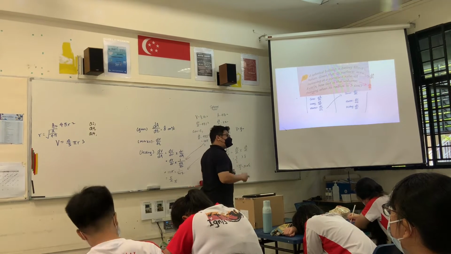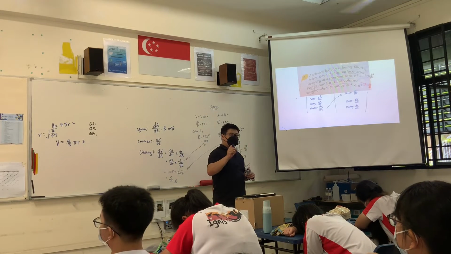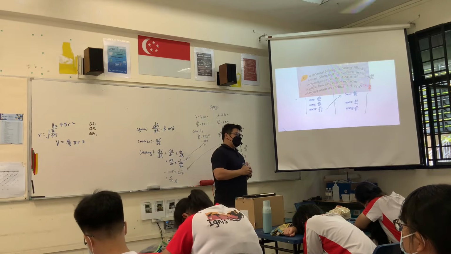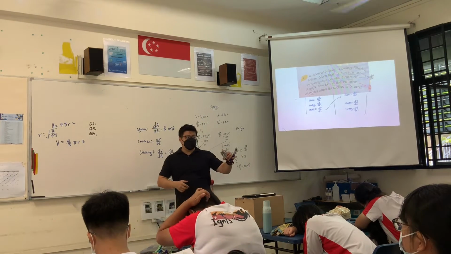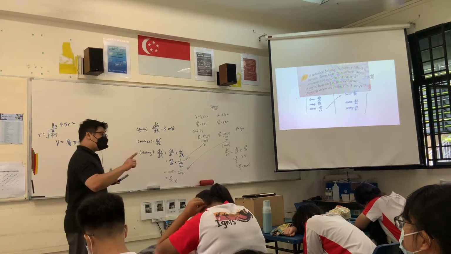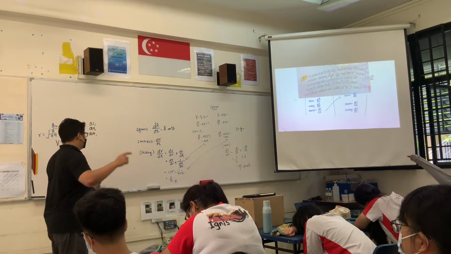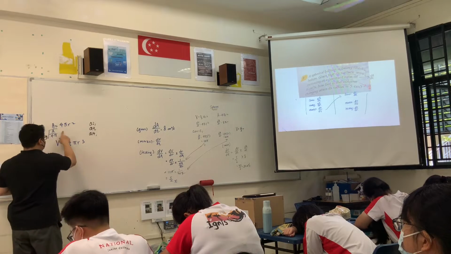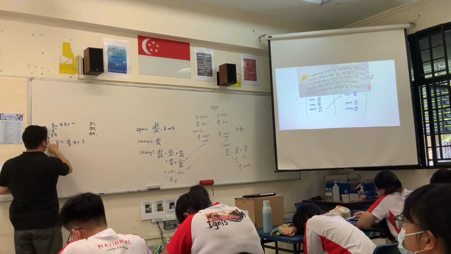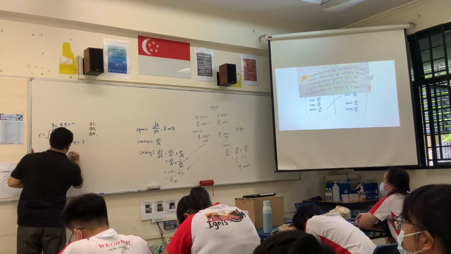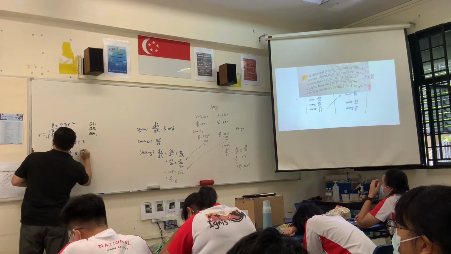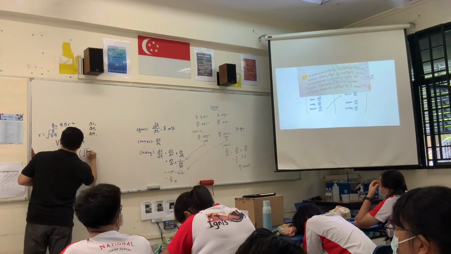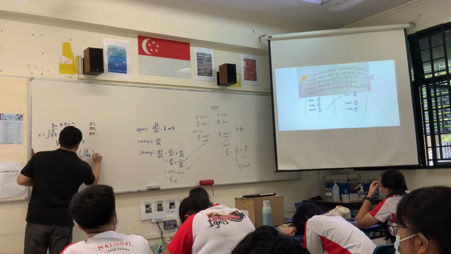Then because your volume is in terms of A, you cannot have r inside, because r is a variable. Let me show you what I will do if I use your method: I make r in terms of A, then I sub A here. 4 over 3 pi of A over 4 pi, cubed.